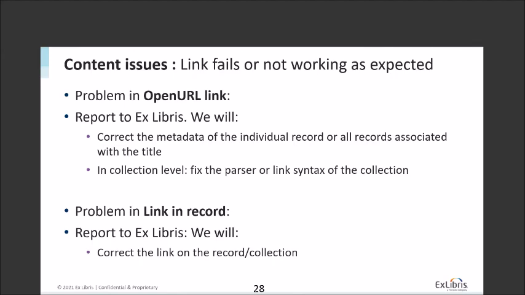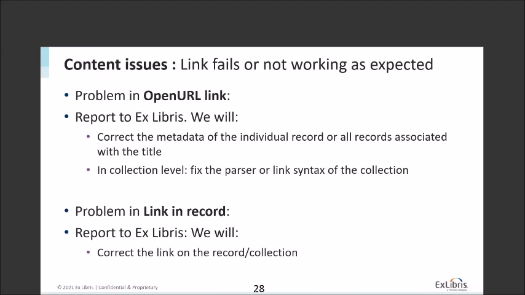In this case, the team will work to fix the parser if we need to accommodate or change the syntax. For these corrections, many times we need some intervention and help from the provider to understand how they support and how they expect customers to use the link resolver to get to the platform. But these fixes, as we said, are happening on the collection level.